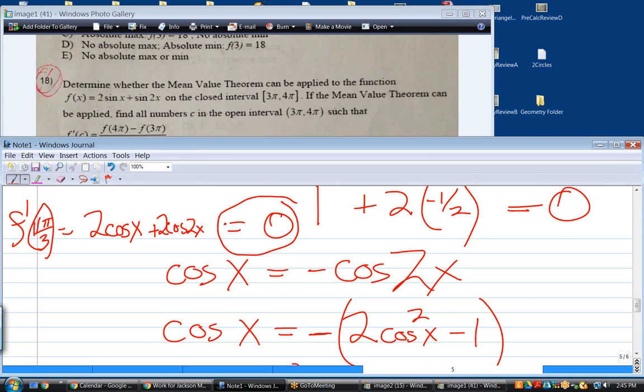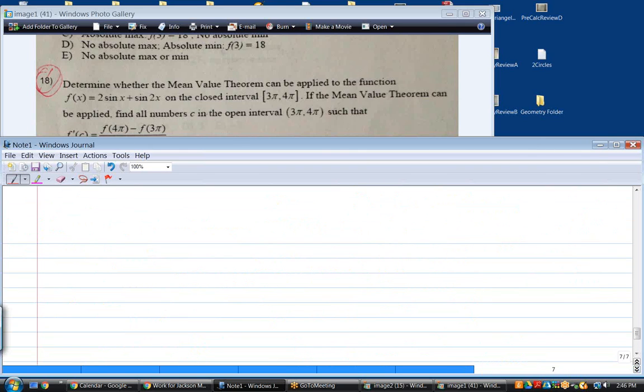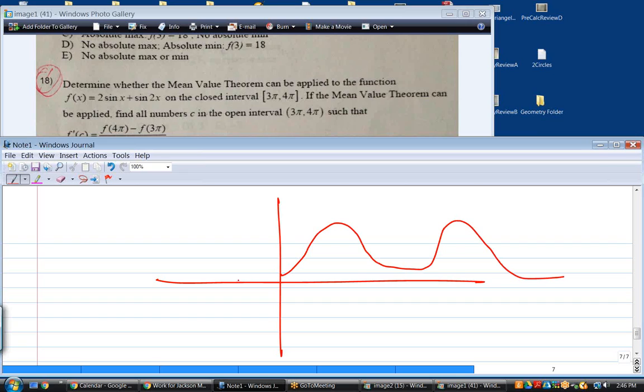That's what the mean value theorem says, that there is a point where the slope will be 0. In other words, let me try to define this for you a little bit. What's the average rate of change between there and there?